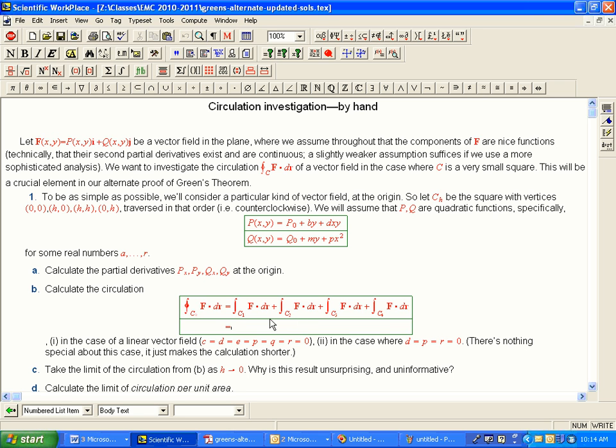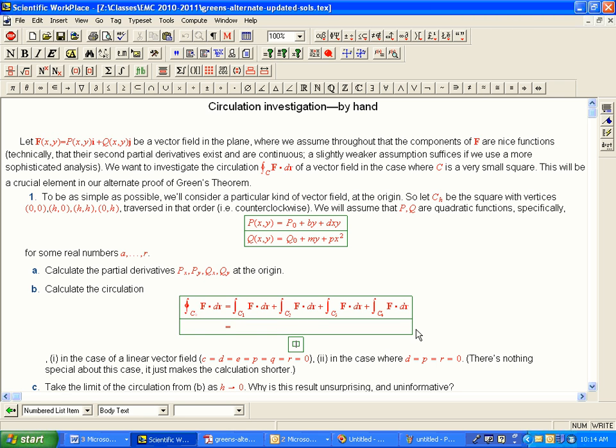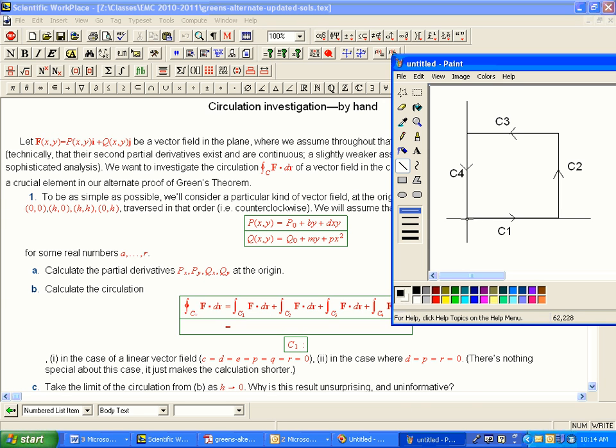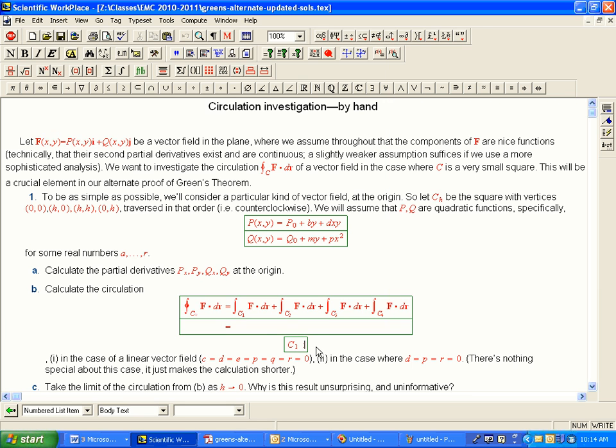Okay, so let's go ahead and parameterize them. Let me open up a new box here. For C1, let's go back to the picture, we can just use x as the parameter. So it's going to be x equals t, y equals 0, and 0 less than or equal to t, less than or equal to h.